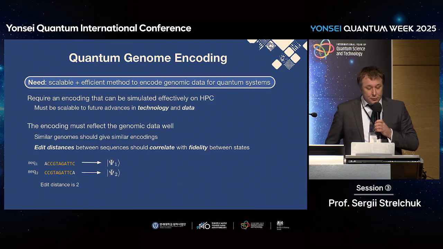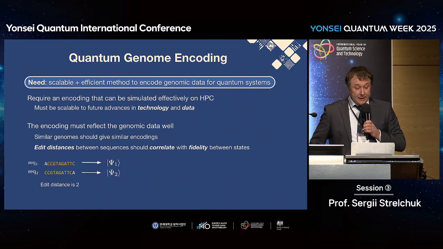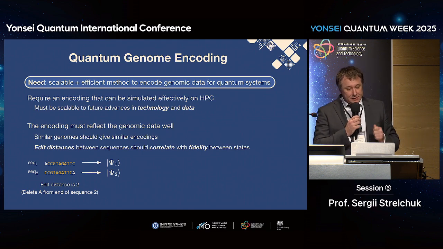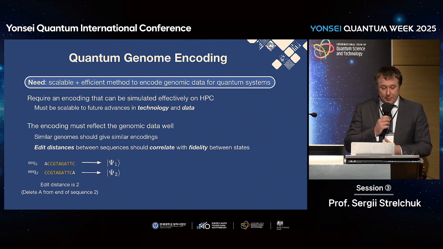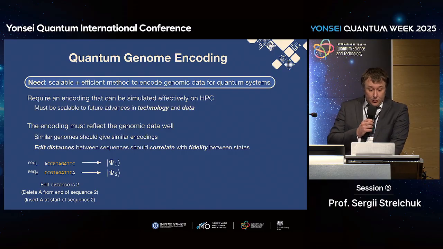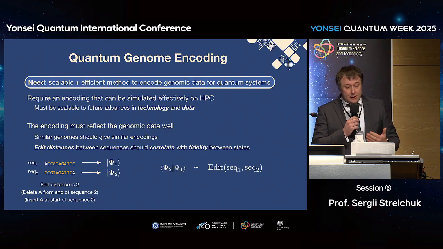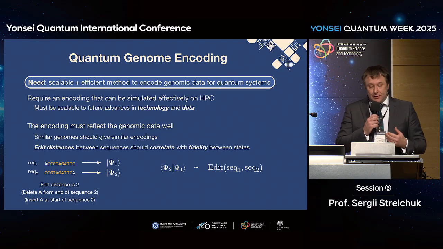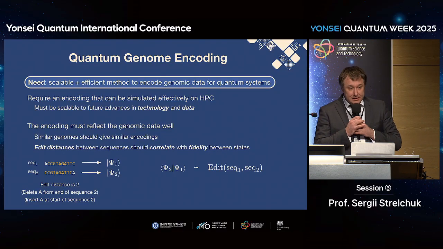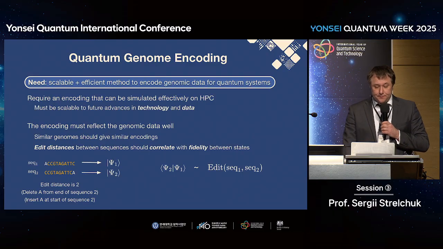Let's say you have two strings here. The edit distance is 2 because you can delete A from the first position and append A from the second sequence to the end. You want the fidelity, or some measure of closeness of the strings, to be related to the edit distance.